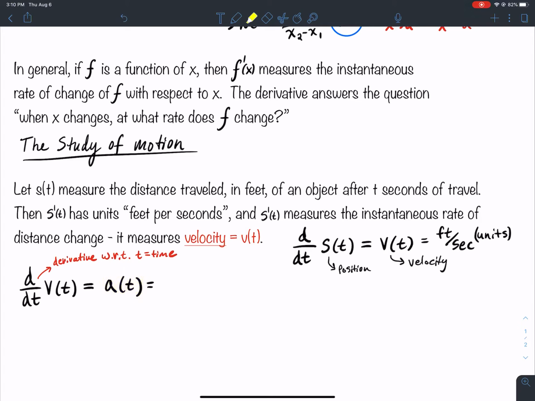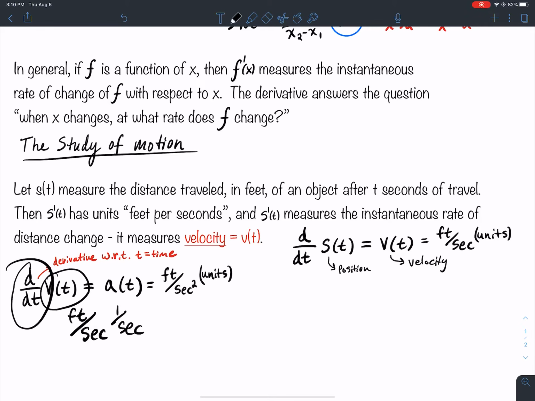Now v of t is in feet per second, but if I take the derivative again, I take feet per second divided by seconds, and that's where the seconds squared comes into play.